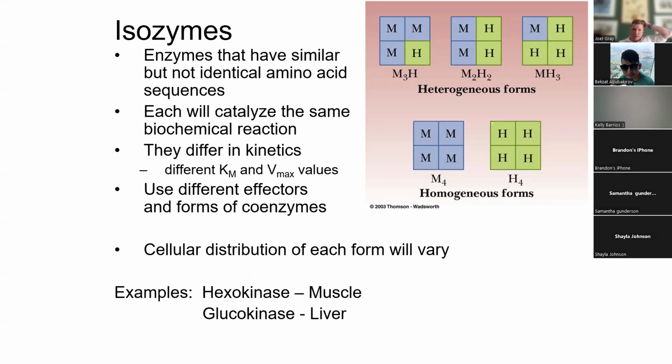There are enzymes that have similar but not identical amino acid sequences, for example, hexokinase and glucokinase, which are highlighted down here. Hexokinase is ubiquitous. It's in your muscles. Glucokinase, by comparison, is found basically just in the liver.